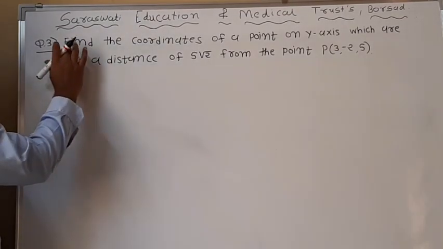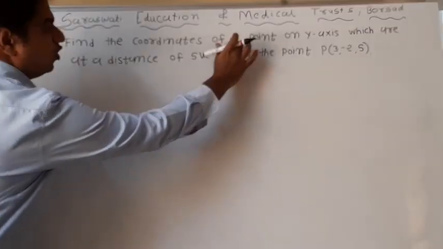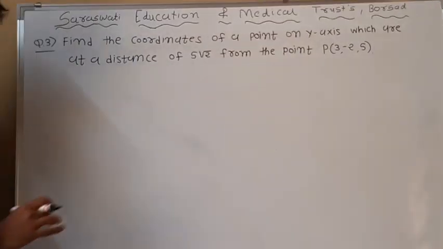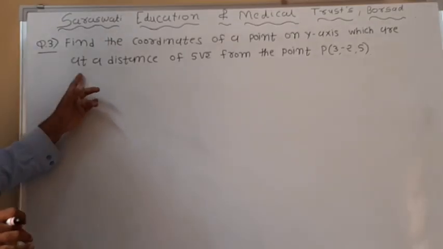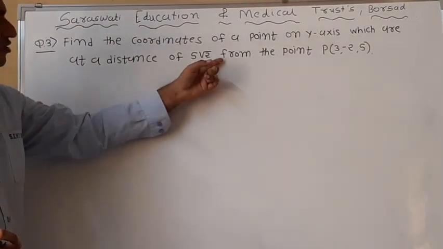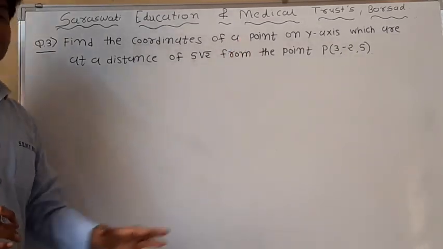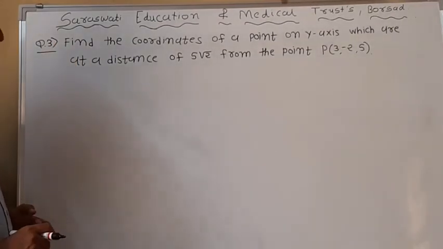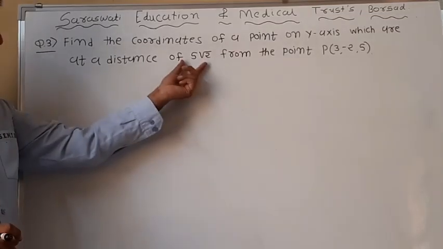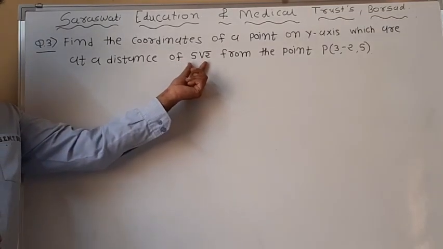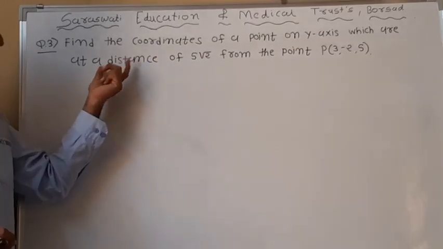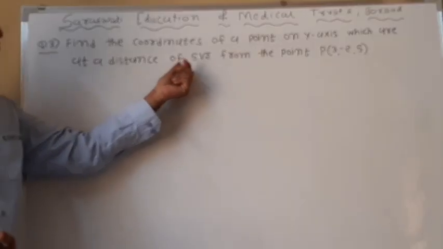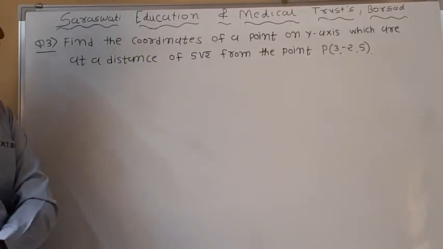Next question. Find the coordinates of a point on the y-axis which is at a distance of 5 under root 2 from the point P. So now here one point is given. First of all, we use the distance formula, because the distance of 5 under root 2 is given.